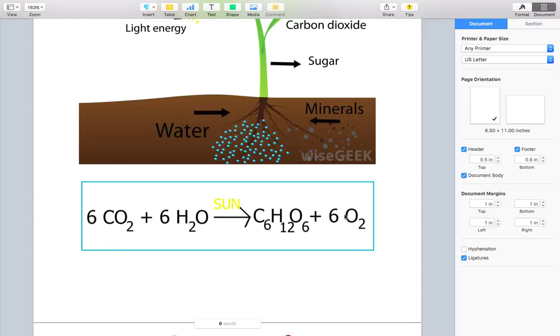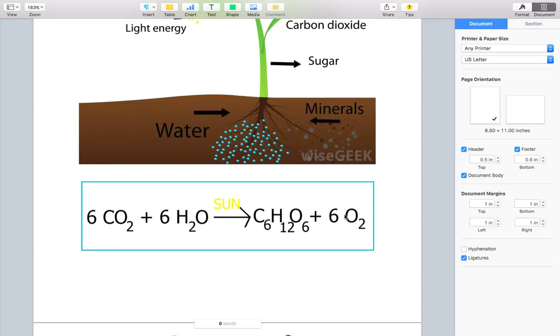And the hydrogen freed by water splitting is used in the creation of two further compounds, NADPH and ATP. ATP stands for adenosine triphosphate, and NADPH stands for nicotinamide adenine dinucleotide phosphate. Really long words, so I'm glad there's an acronym for this.